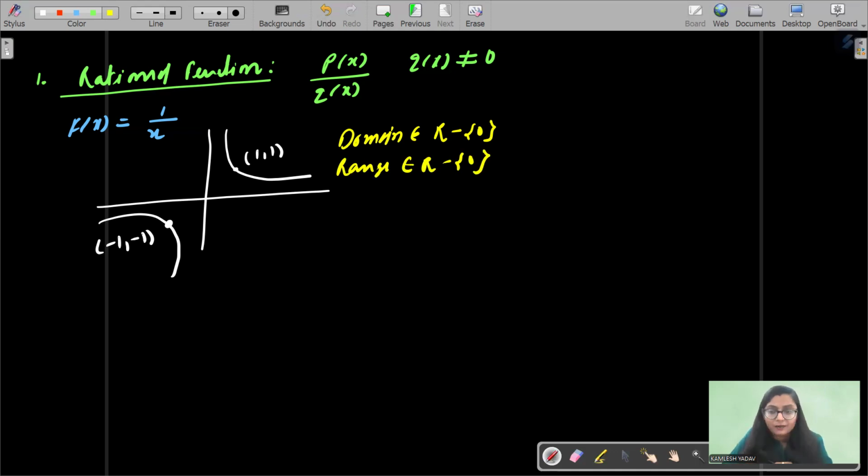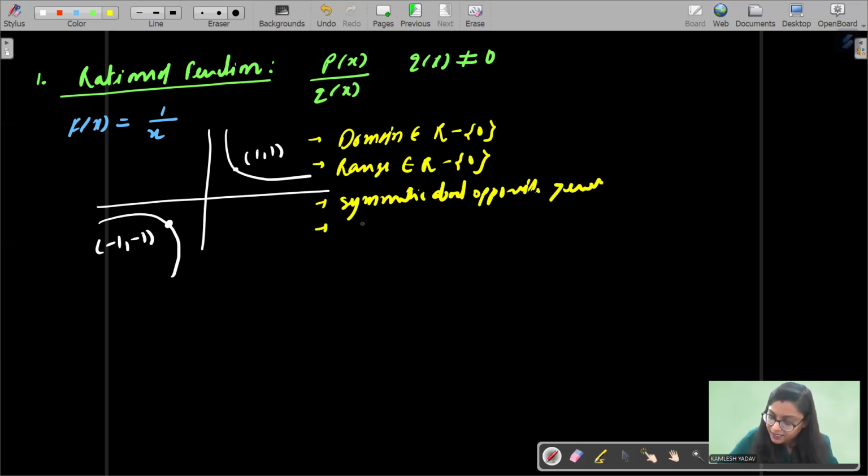And through this graph, we can see that it is symmetric about the opposite quadrant. It means it is an odd function, and if we put f of minus x, then we get minus of f of x. So these are the details of the graph of f of x equal to 1 upon x, which is a rational form.